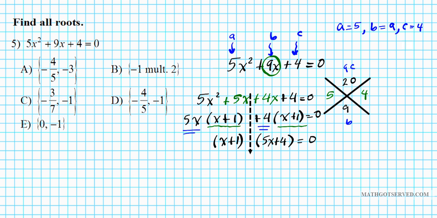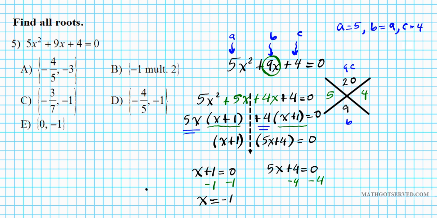Now we're going to use the zero product property to finish this off. You set the first factor to 0 and the second factor to 0. First one we can solve using algebraic procedure. Subtract 1. We have x equals -1. That's the first root.